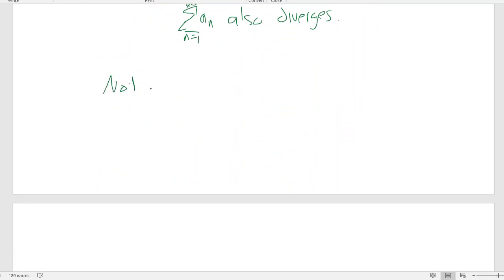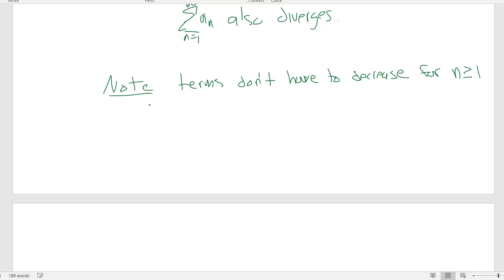Terms don't have to decrease for 1 to infinity. I'm not going to say this for n greater than or equal to 1, but they need to eventually decrease.